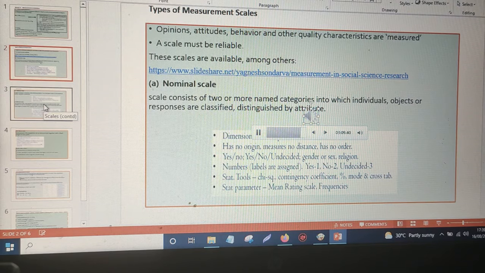So you cannot be talking about mean, median even, so you have to use mean rating scale, or a scale that is based on, what is it called? I've forgotten. When you scale it, you rank it, a scale based on ranking, because no real figures are involved here.